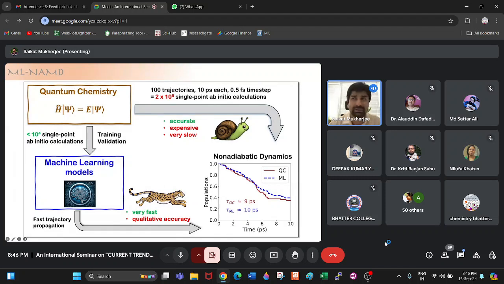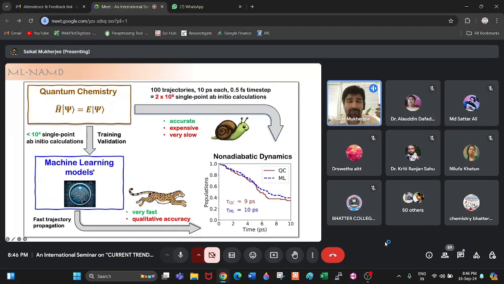Rather, what if we calculate a fewer number of ab initio calculations? Of course, we require reference points. We require quantum chemistry, but not a huge amount. Only a small amount of quantum chemistry calculation, less than 10 to the power 4. And then we train a machine learning model.